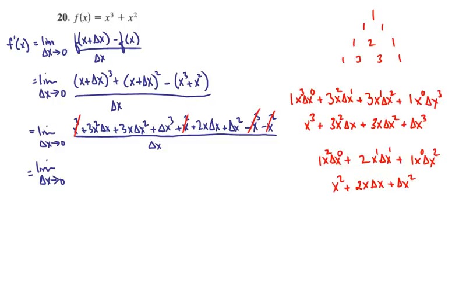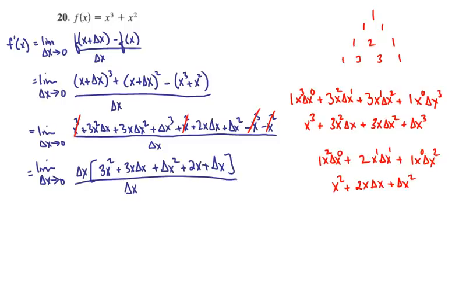It doesn't look like any of those are going to be able to be combined together. What we can do though is factor out the delta x in the numerator, leaving 3x squared plus 3x delta x plus delta x squared plus 2x plus delta x, all over delta x.